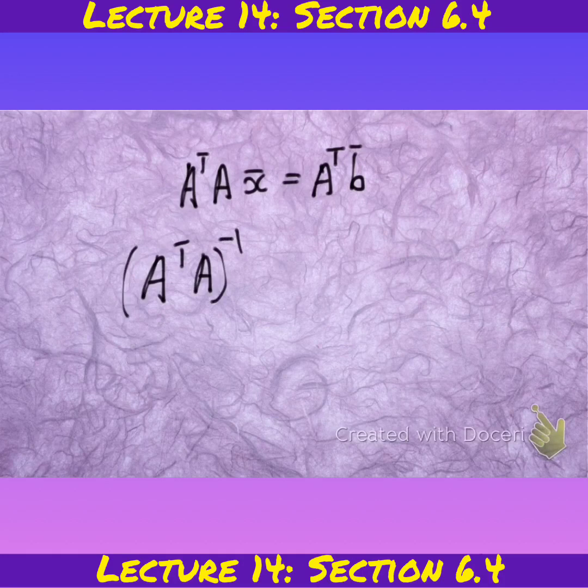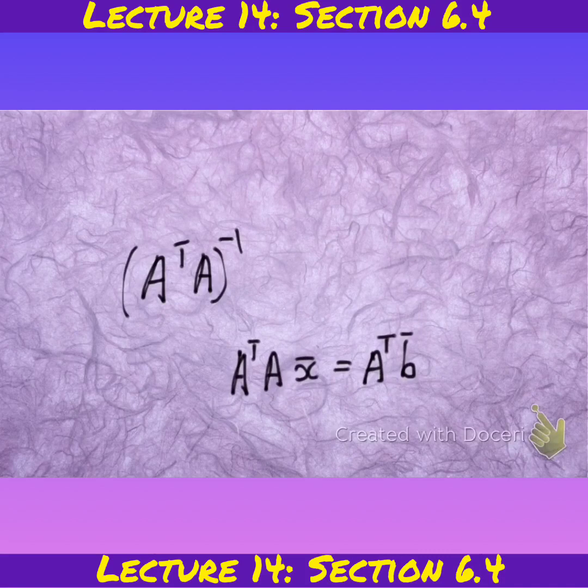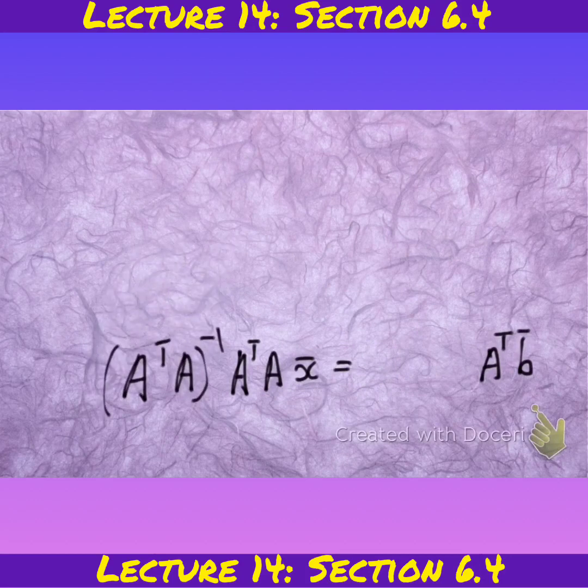So what you can now do is take your system and multiply on the left with the inverse of this matrix, and what you do on the left you must also do on the right.